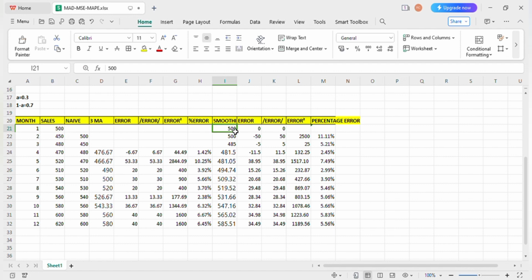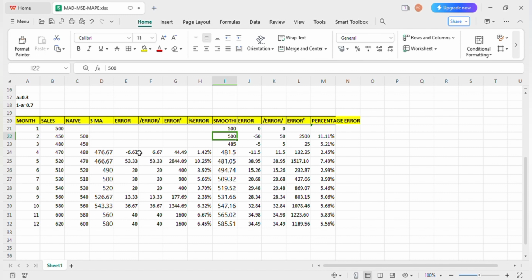And in order to get the second period in exponential smoothing, we multiply this 500 by 0.7, which is 1 minus the alpha value, for the forecasted sales of 500, and this 500 in actual sales, we multiply by the alpha value of 0.3, and we get 500. We get 500 because the result of 500 times 0.7 and the result of 500 times 0.3, we add those two results, and that result is 500.